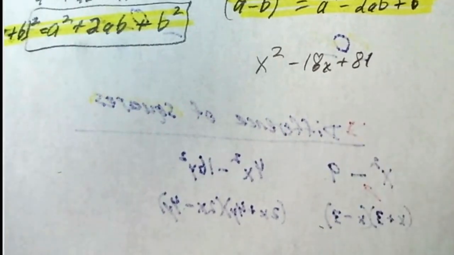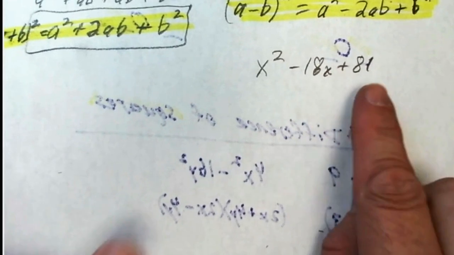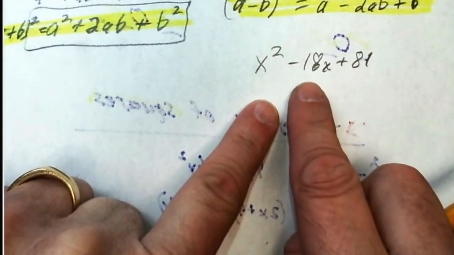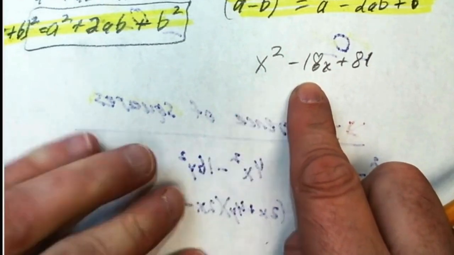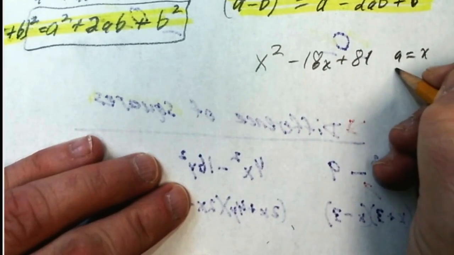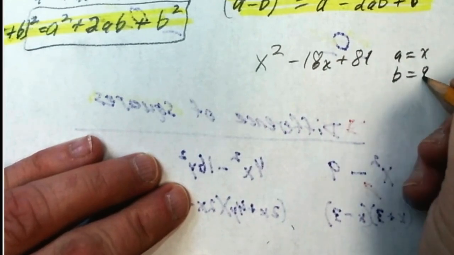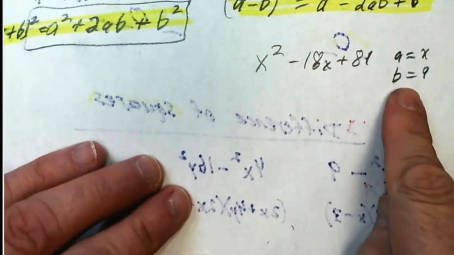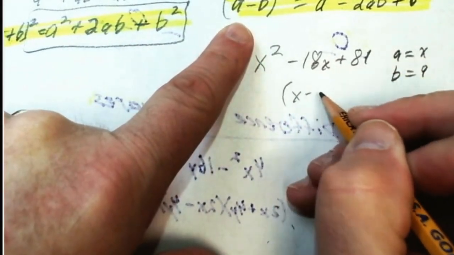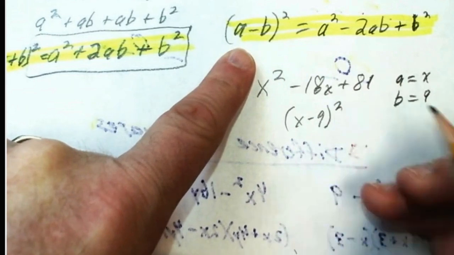If we are paying attention and are quick to recognize, we'll say, hey, wait a minute, that is a perfect square trinomial. Because if we said A was X and B was 9, this fits the pattern. This is X minus 9 squared.